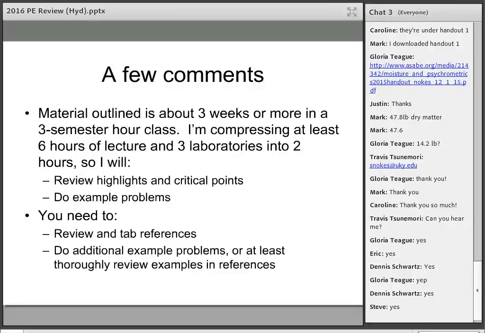If you can put tabs on your references so that you can get right to the runoff, right to the precipitation, that will help you do things much more efficiently when you're facing time constraints that you will face when you're doing an exam like this.